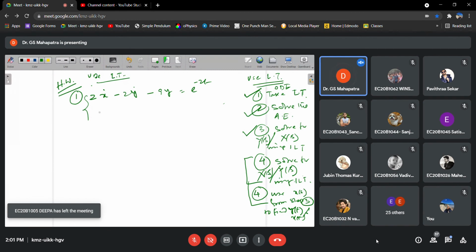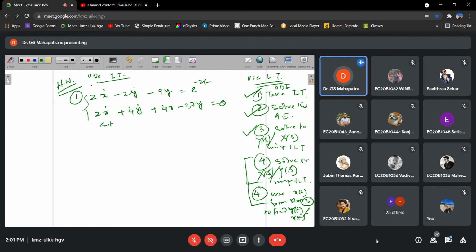Second equation: 2x dot plus 4y dot plus 4x minus 37y equals 0. Subject to x equals 0, y equals 1 by 4 at t equals 0.